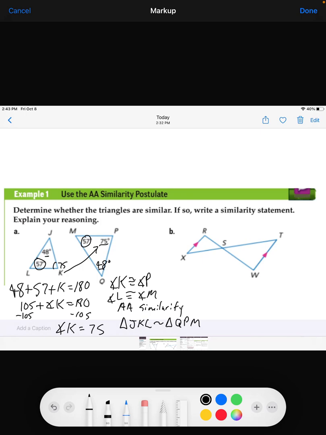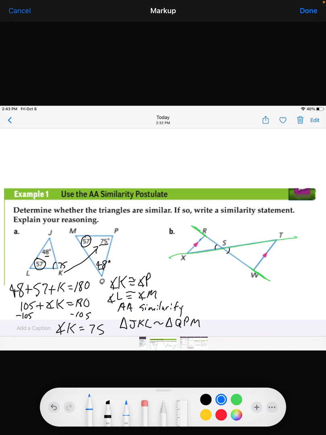Now let's look at the next one. We can see that this angle equals this angle because they're both vertical angles, and vertical angles are always equal. Next, it helps to extend these lines to see a little bit. I'm going to extend these out.